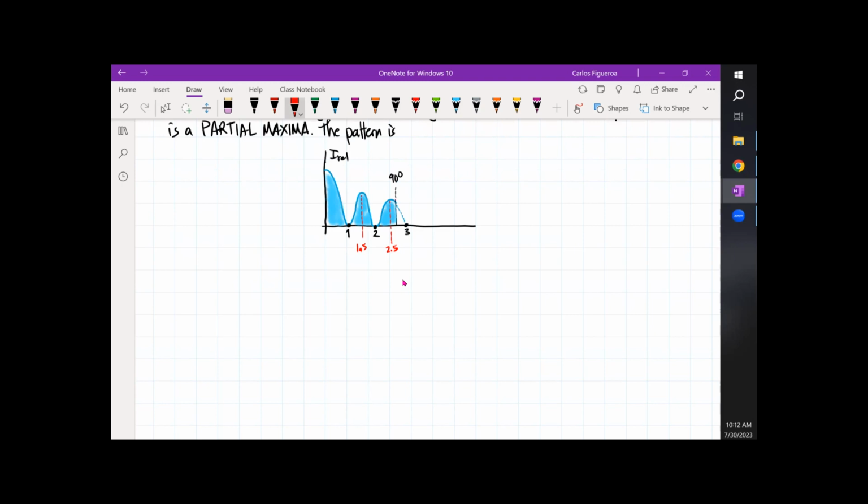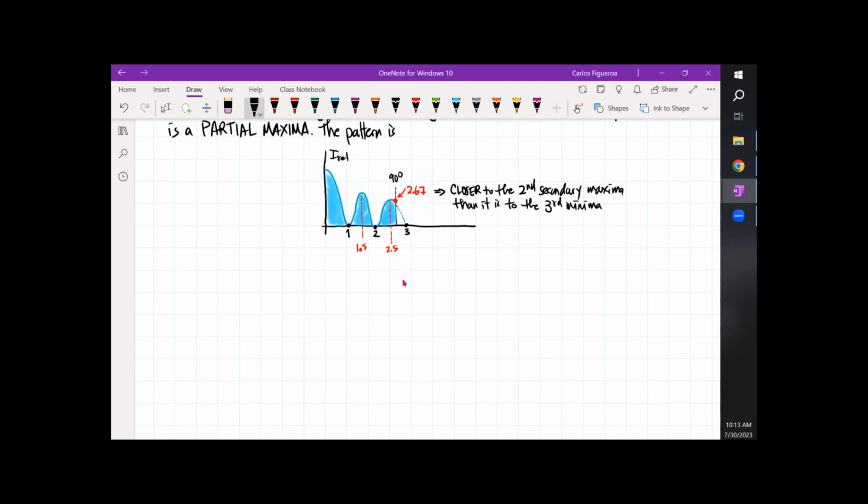And this point right here is 2.67. What this tells me is that it's closer to the secondary maxima than it is to the third minima. So that's telling me the location.